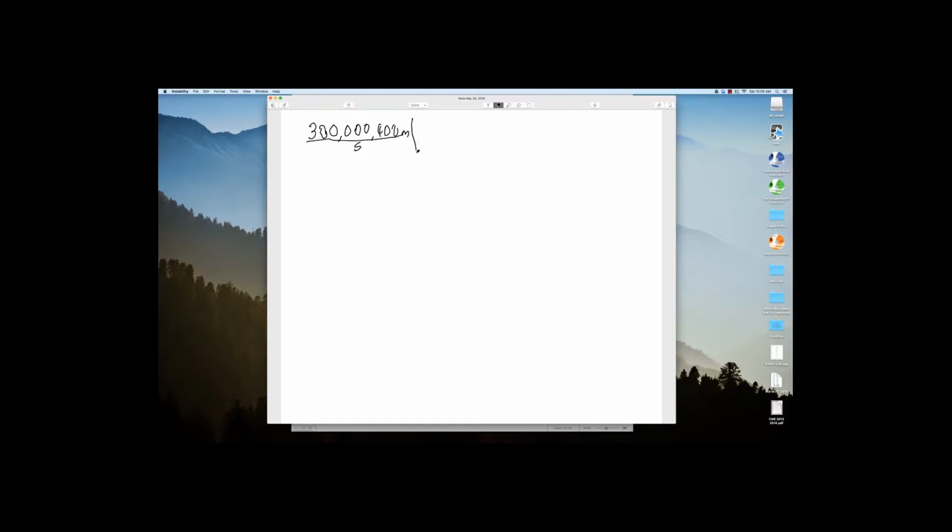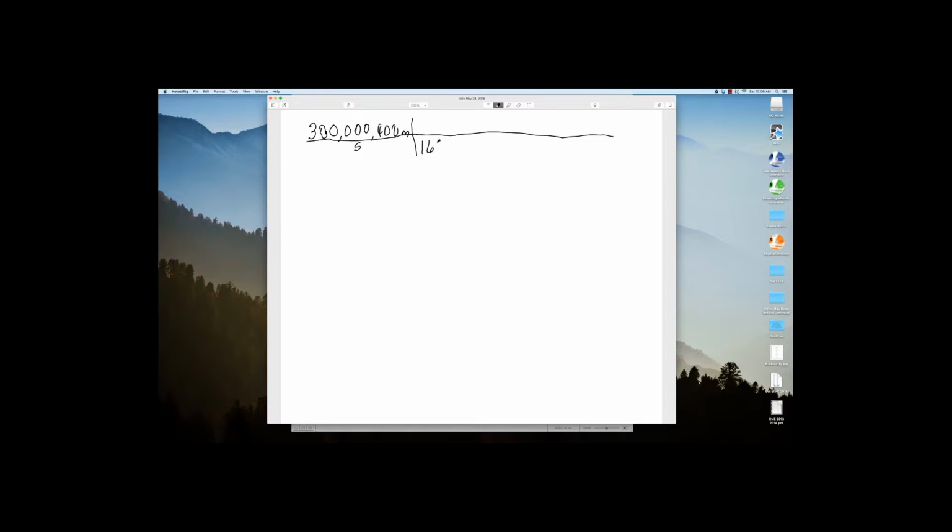Now, we can either first convert seconds to years, or conversely, we can convert meters to miles first, and then seconds to years. So let's start with the meters to miles.